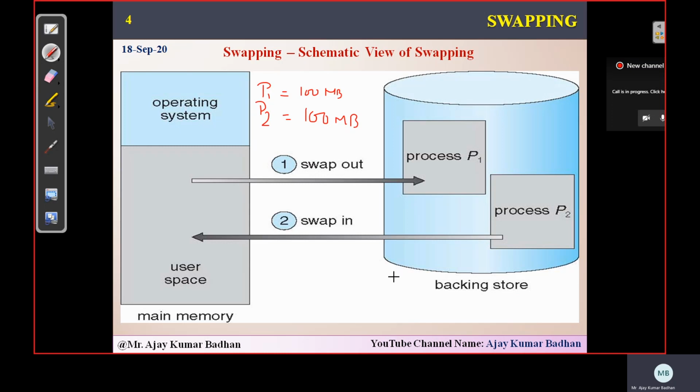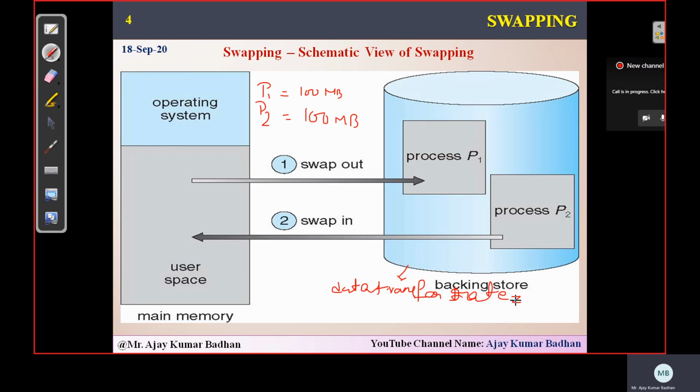Every hard disk has a data transfer rate. The data transfer rate is nothing but the speed with which we can load those images from the disk.